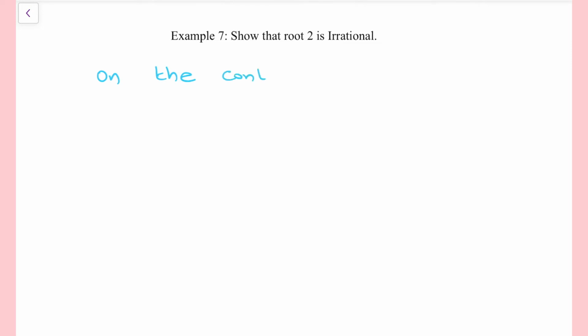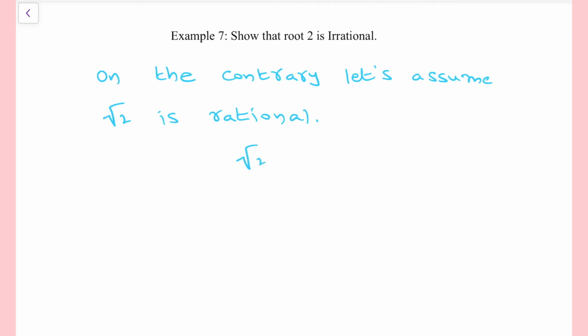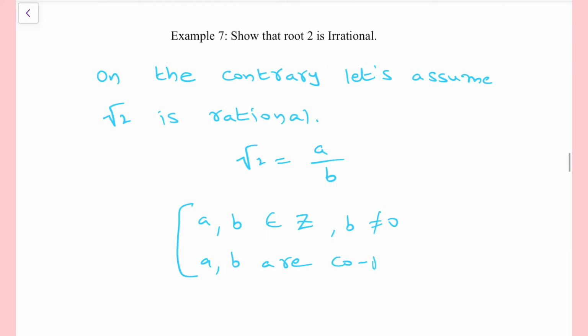On the contrary, let us assume root 2 is rational. So root 2 equals to a by b. And here conditions we need to write: must and should. A comma b belongs to integers. B not equals to 0. A comma b are co-primes.